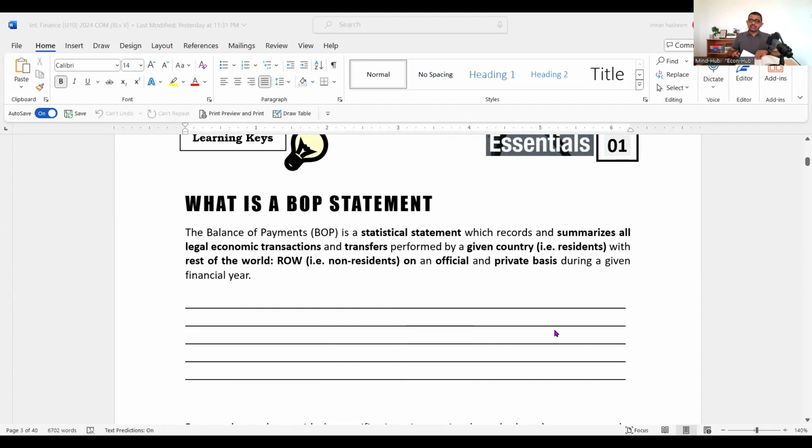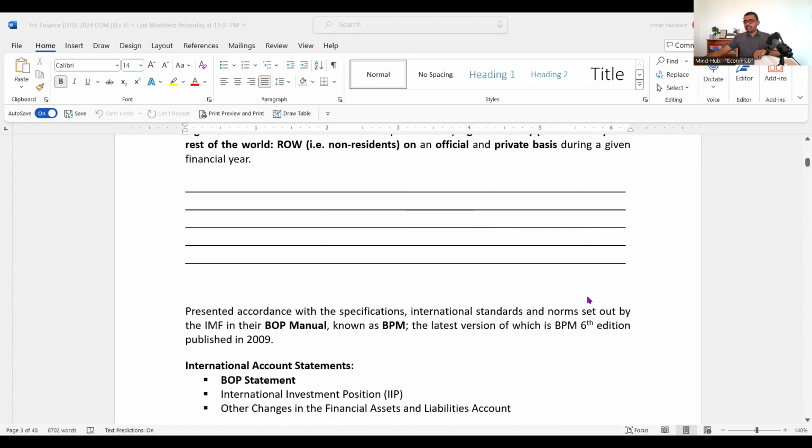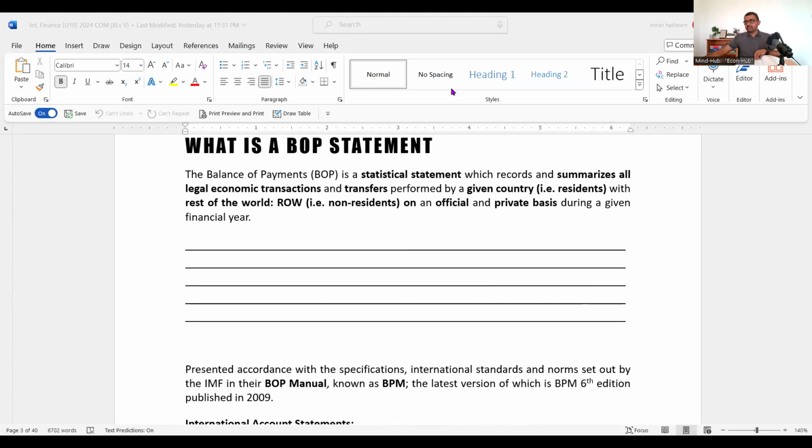What is a balance of payment statement? That is the first area. Obviously, we have to have a simple working understanding of the balance of payment statement. I've given a small, I wouldn't necessarily call it a definition, but something you have to know how to explain about a BOP.